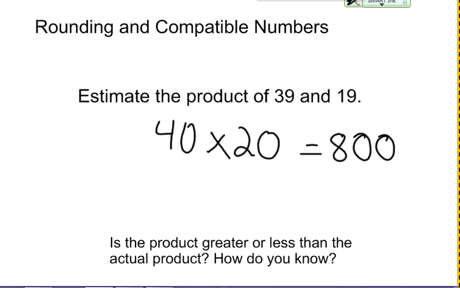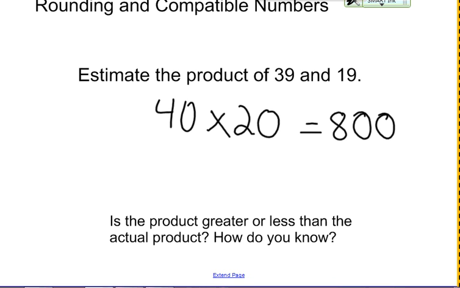Now, there are some questions that I want to ask myself. Is the estimate greater or less than the actual product? Is this estimate of 800 going to be more or less than what 39 times 19 would be? This is important to understand.